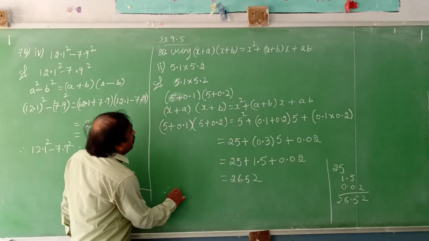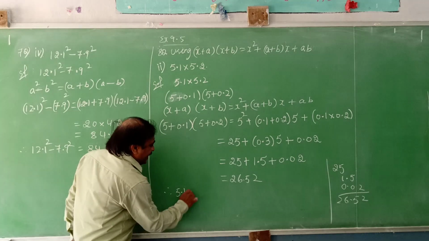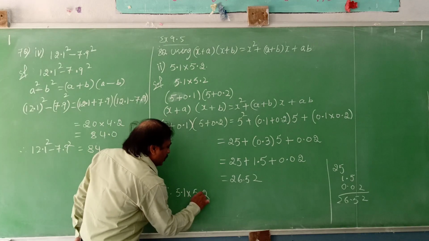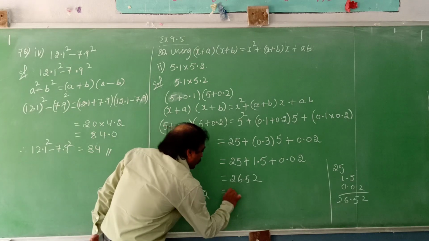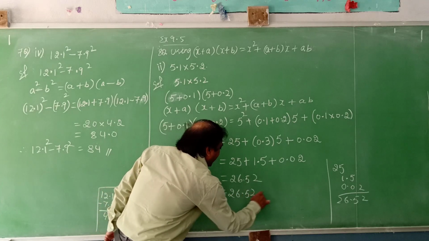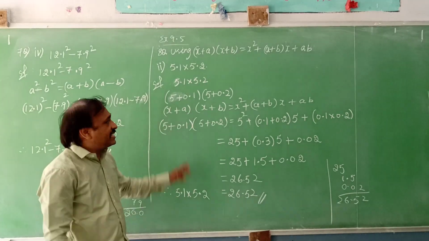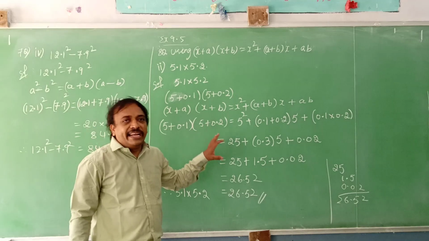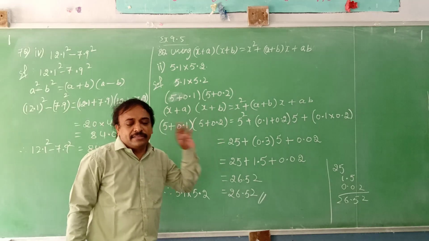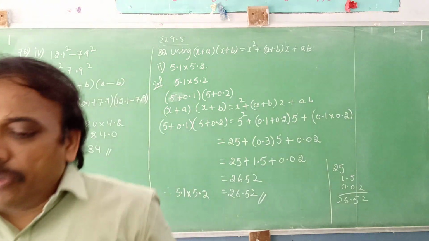Therefore, 5.1 into 5.2 is equal to 26.52. This is how we apply identities. Is it clear? Yes.